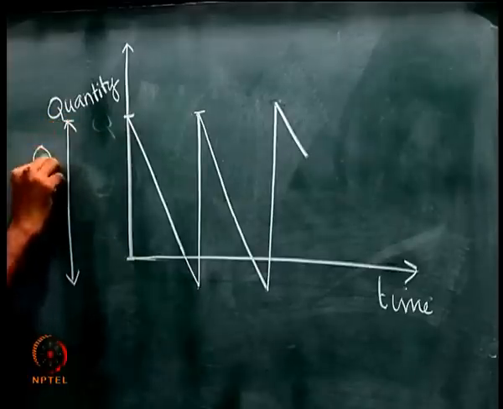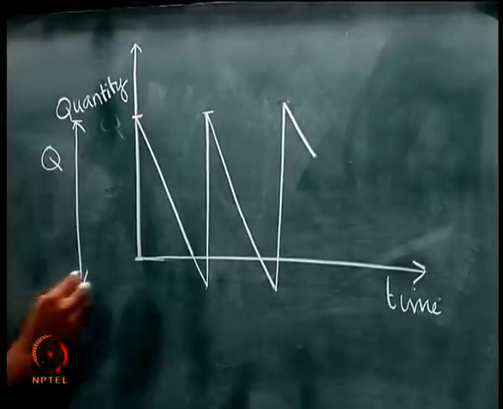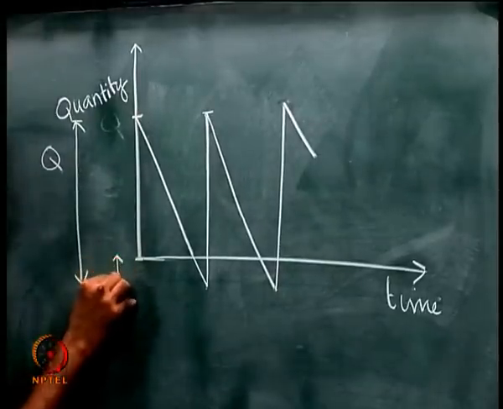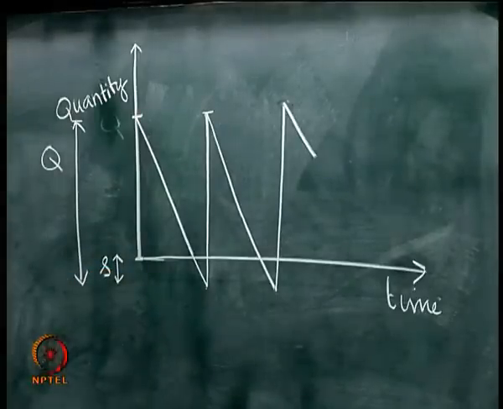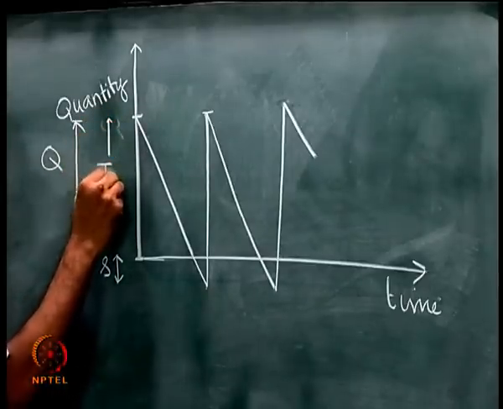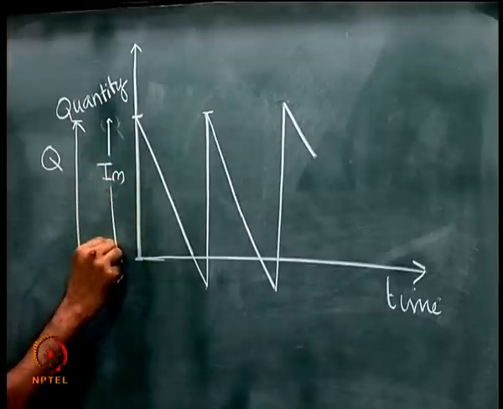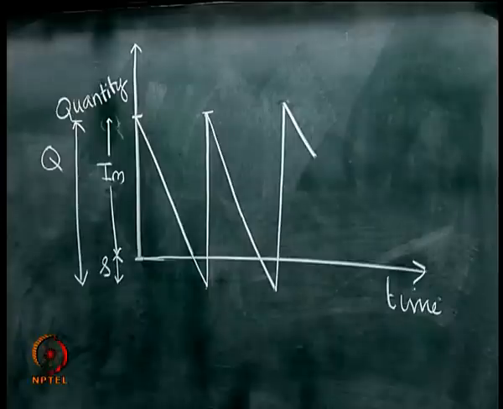So this is our Q, the order quantity. Now this part, which is the back order part, is called small s, the back order, and the level to which the inventory gets built up is called IM, maximum inventory, which is here. So obviously Q is equal to IM plus S.